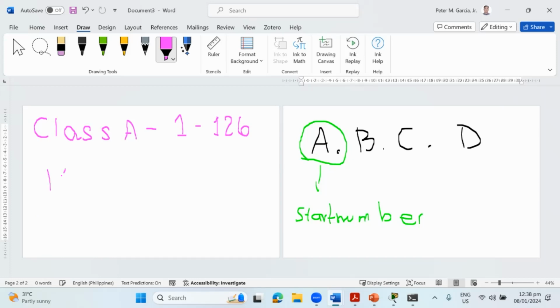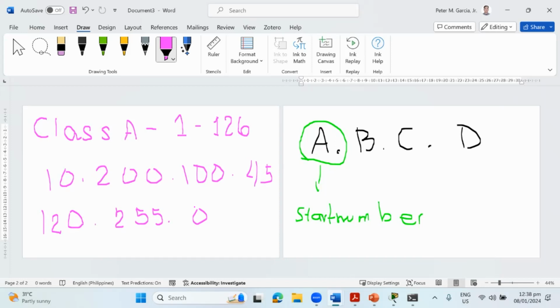Halimbawa ito, 10.200.100.45. Halimbawa ito, 128.120, I mean 255.0.255.